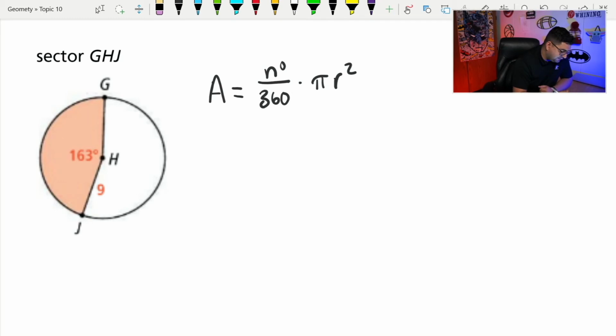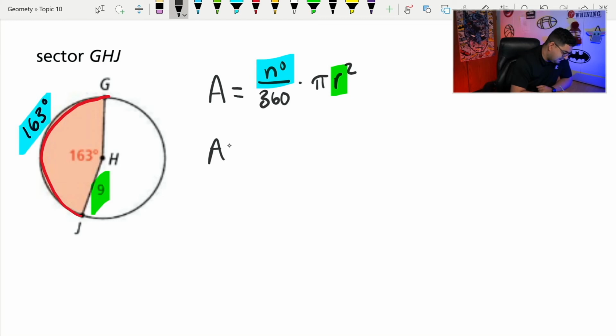For this one, it looks like I'm going to have to work just a little to find my arc angle. But if you're familiar with arcs, you should know that the central angle, which is that angle on the inside, is actually the same as your arc angle. So I know that this is 163 degrees. I'm going to plug that in for n, and I'm going to take my radius of 9 and plug it in for r.